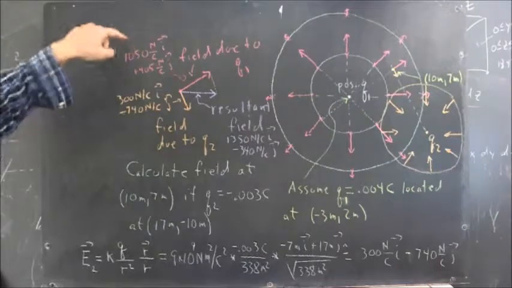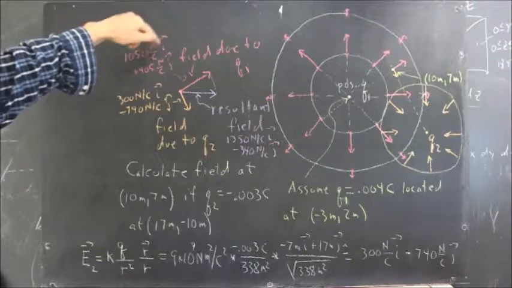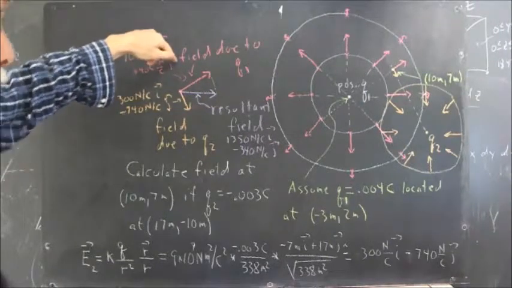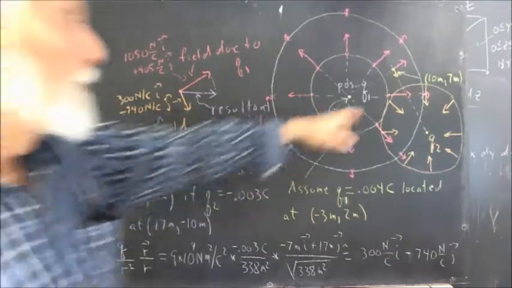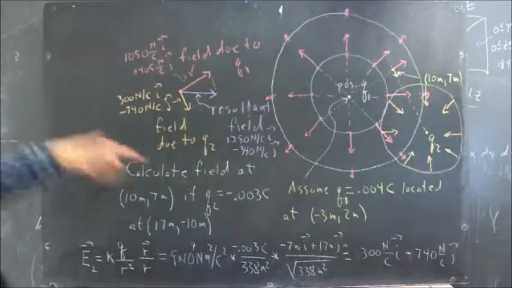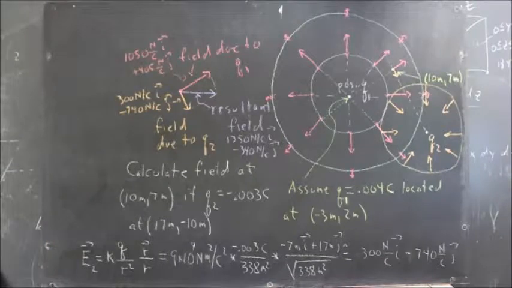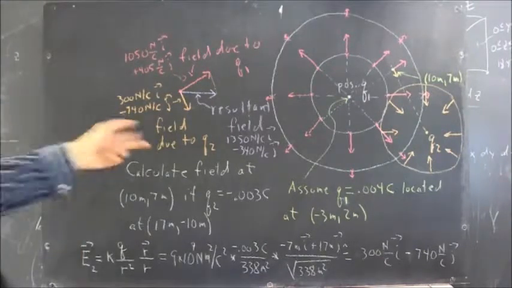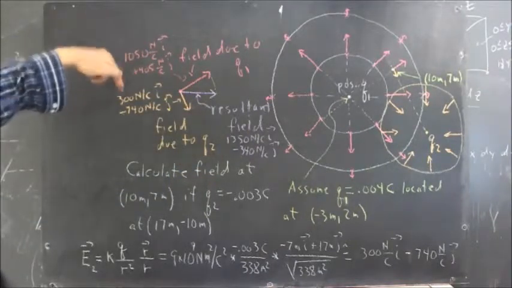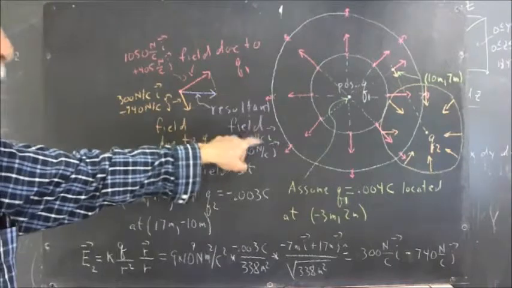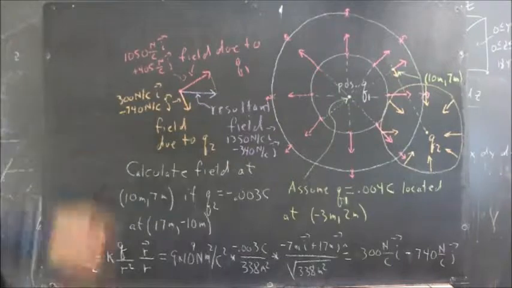We've got our first vector that we calculated long ago, 1,050 newtons per coulomb times I plus 405 newtons per coulomb times J. The second vector, this one here, turns out to be 300 newtons per coulomb times I minus 740 newtons per coulomb times J. So the resultant electric field is, well, the I components are 1050 and 300, adds up to 1350 newtons per coulomb times I. And the J components, 405, negative 740.